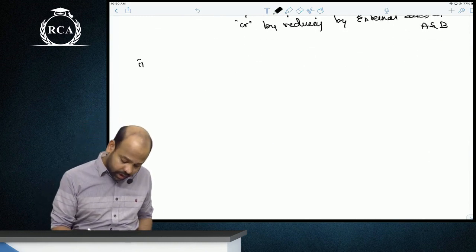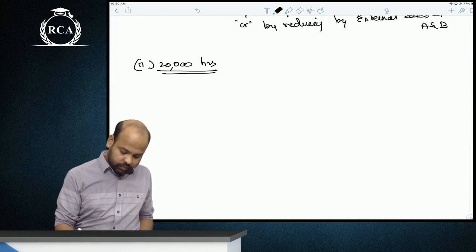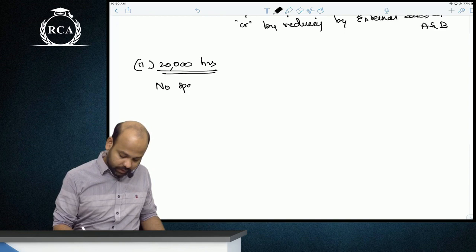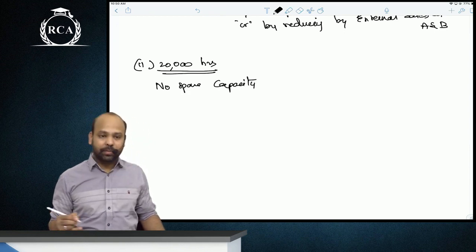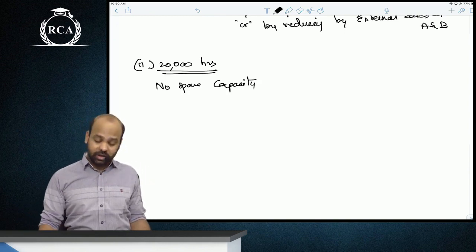Now, guys, 20,000 labor hours. Please remember, there is no spare capacity at all when you're operating at a level of 20,000 hours. Understood, sir?